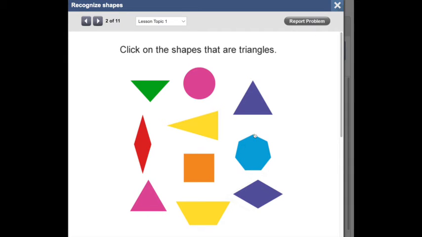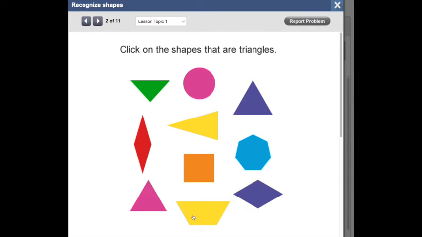I'm just going to go through these faster because we have other shapes to get to. This one has way more sides than a triangle, so that would be a no. You should know this one is a square, so that's a no. That is not a triangle. You do not click that. This pink one, 1, 2, 3 angles, 1, 2, 3 sides. That is indeed a triangle.